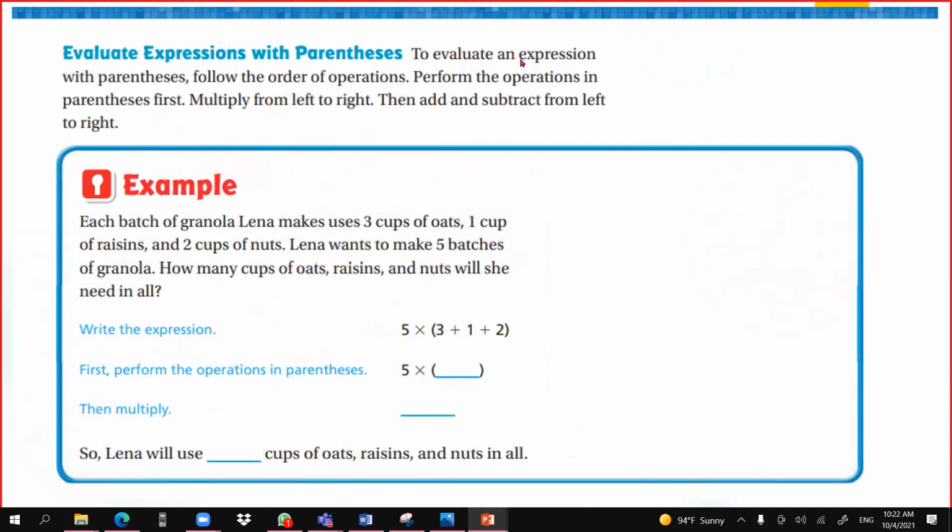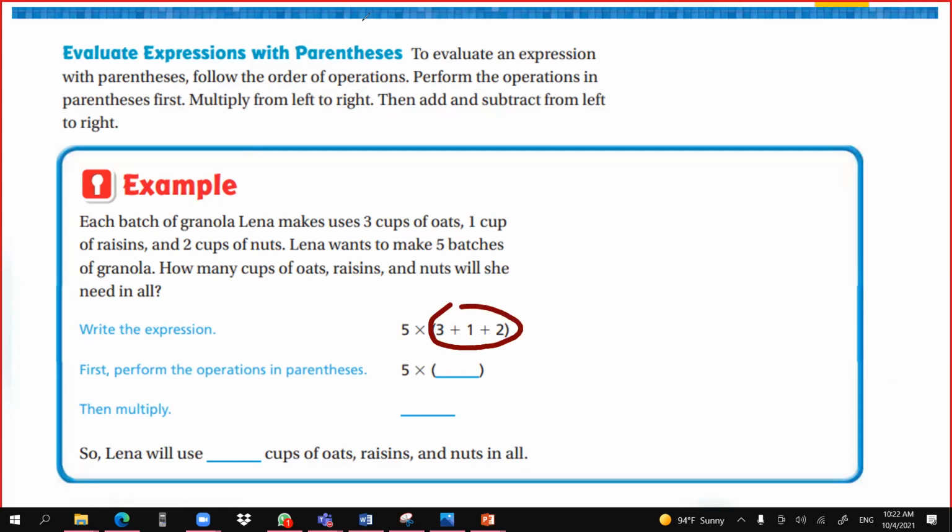Now let's solve this example in your book, page 68. They told you here that if you find any parentheses, first you need to solve what is inside the parentheses.